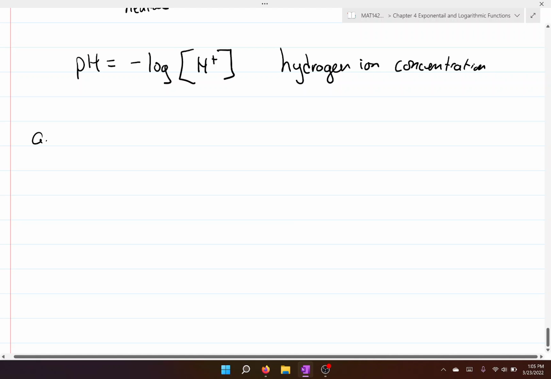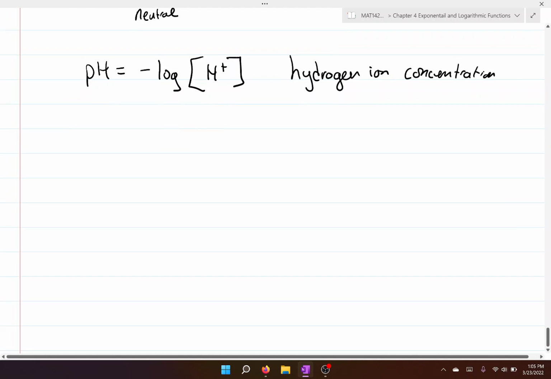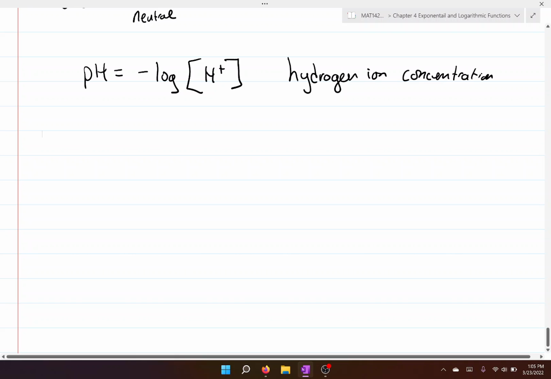So I do want to write down, I guess it's a property. If the hydrogen concentration is equal to 10 to the negative fourth molarity, I think it's molarity.